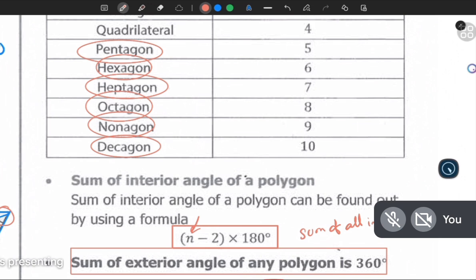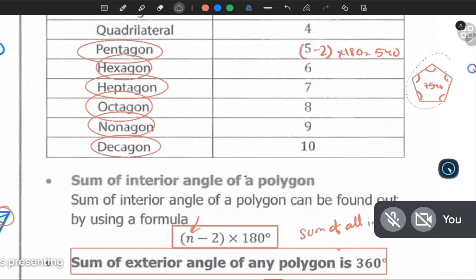within that shape, right? So for example, if we have a pentagon, 5 minus 2 times 180 gives you 540, as we did in the question below. So now you know when you add all of the angles of a pentagon, regardless of how it's shaped, if it has five sides, all of these will add up to 540.